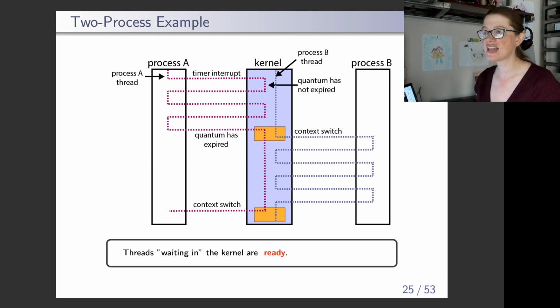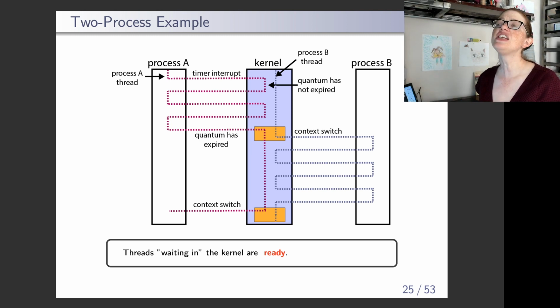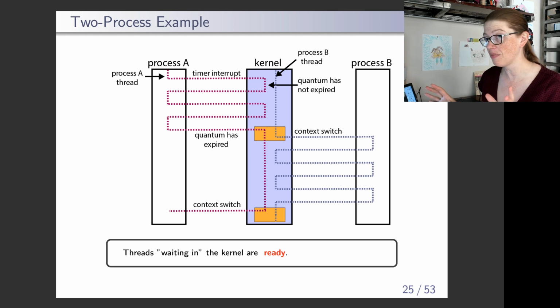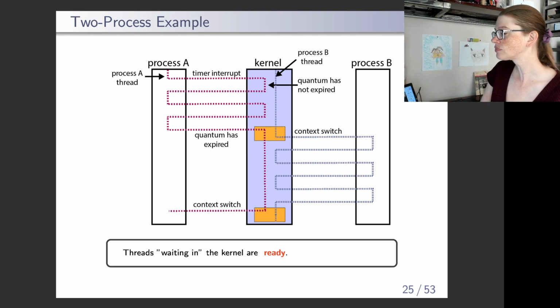So let's say the processes each get 30 or 50 milliseconds to run, and the threads inside that process each get 10 milliseconds. That gives us the ability to let multiple threads within a given process get some time. Again, there are many different ways to implement this. This is just one particular example.